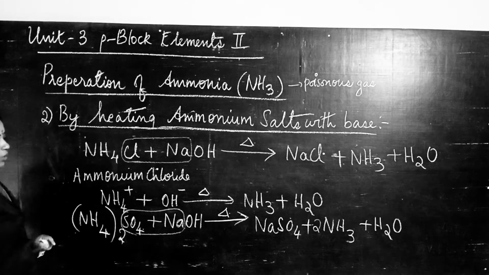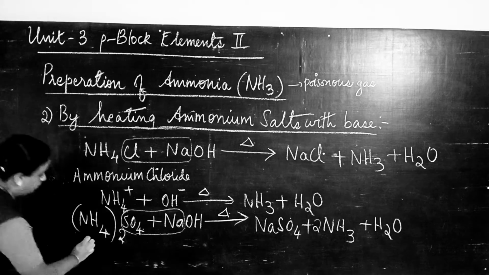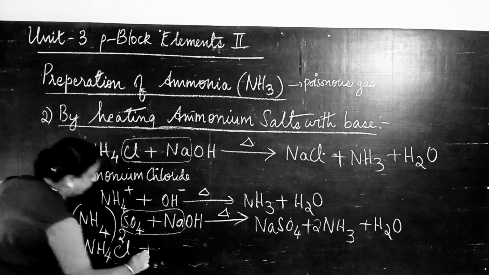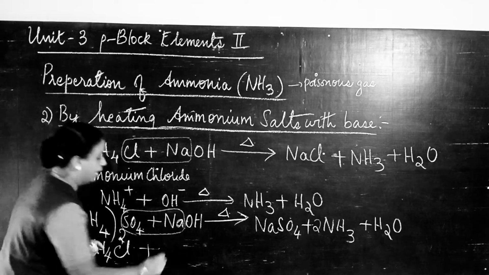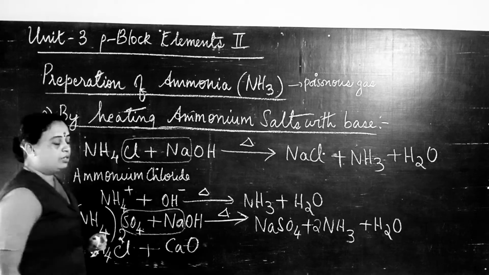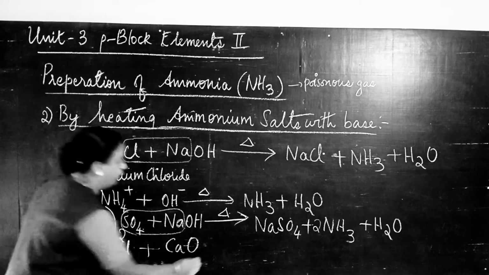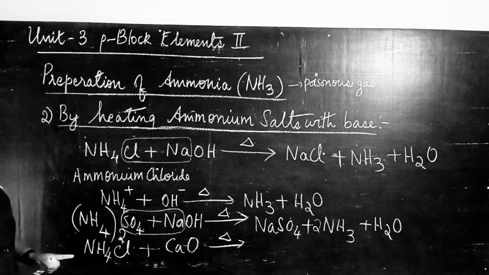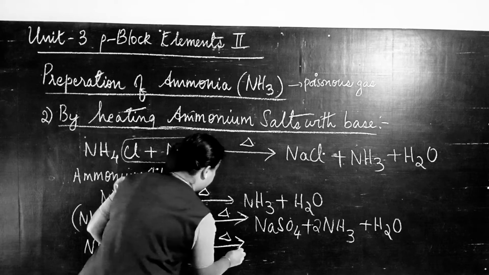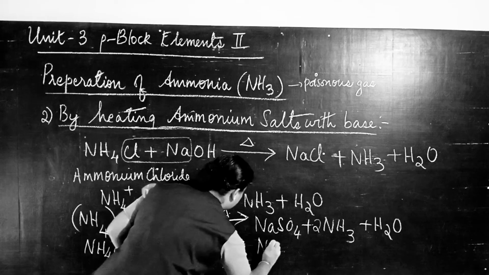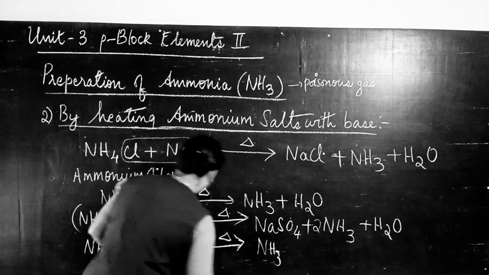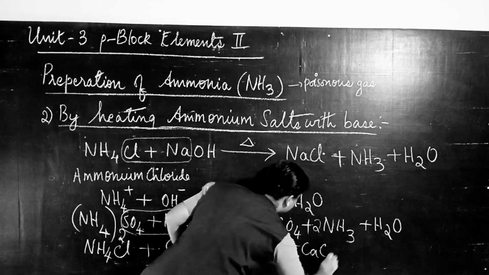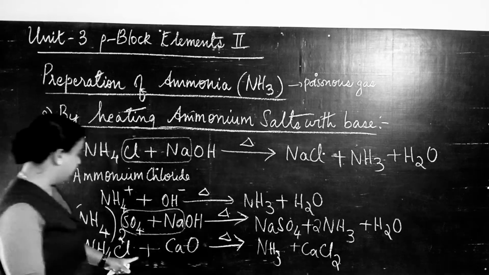Now this ammonium chloride, NH4Cl, can also combine with a basic oxide like calcium oxide. When it combines with calcium oxide on heating, again ammonia can be synthesized, and you get calcium chloride, CaCl2.